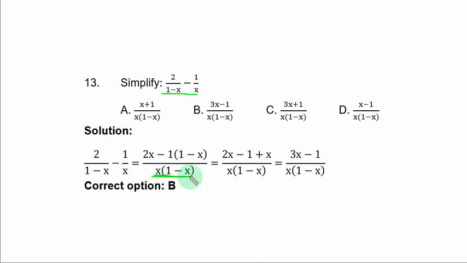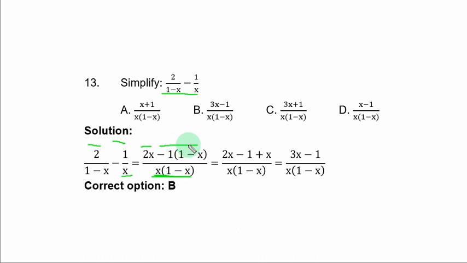So if you divide the LCM by 1 minus s, you have s remaining, multiply 2, you have 2s. You divide the LCM by the second denominator, you have 1 minus s times minus 1. So you have minus 1 bracket open, 1 minus s bracket close over the denominator.